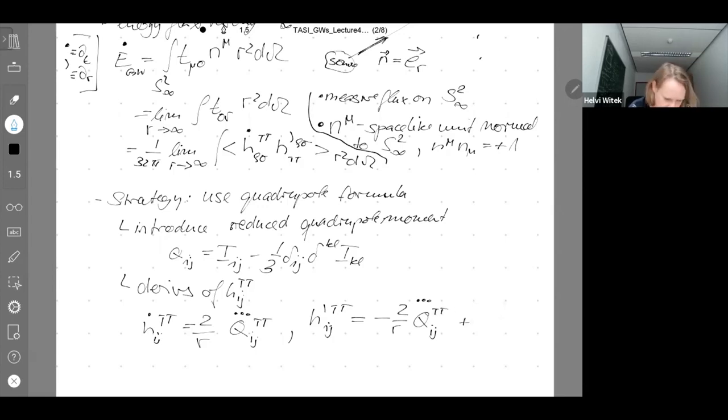And then there are terms of the order 1/r squared that we neglect because we are in the far field, so they will be subleading here. Okay, so now we can take all of this and insert it in the flux.